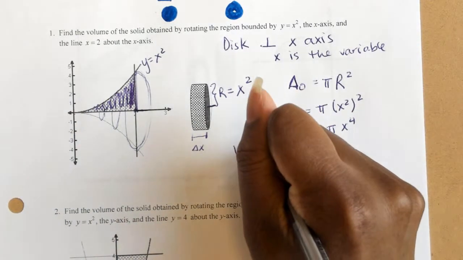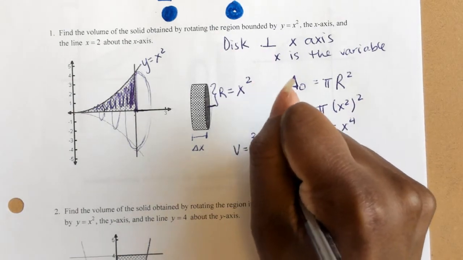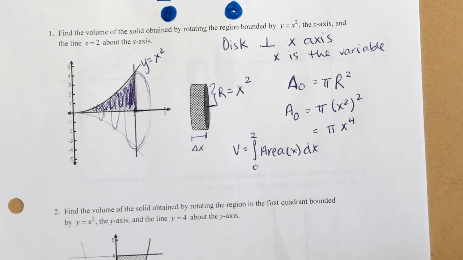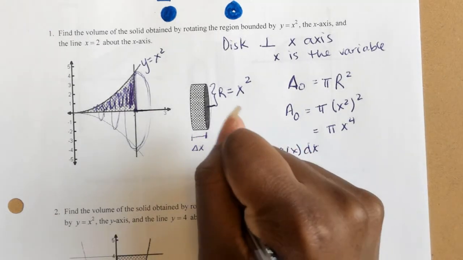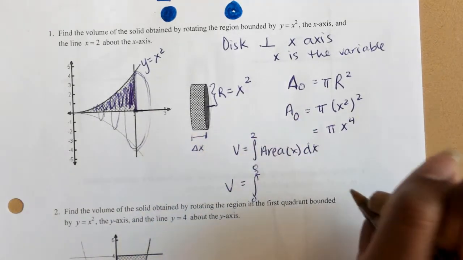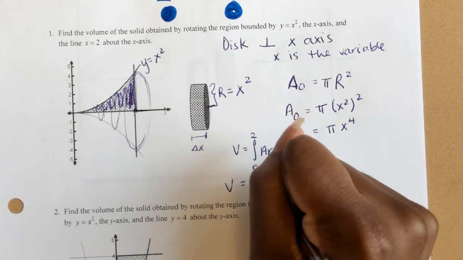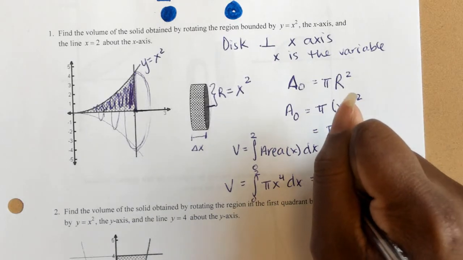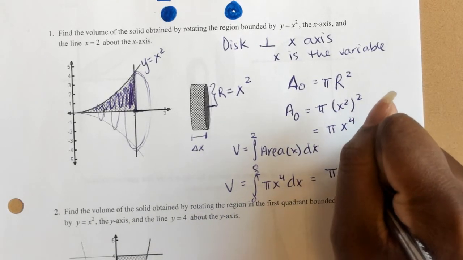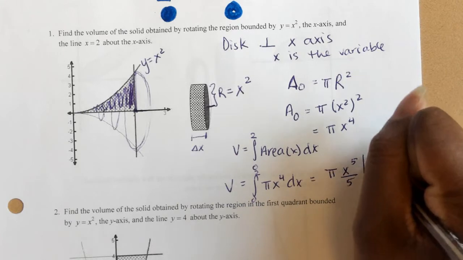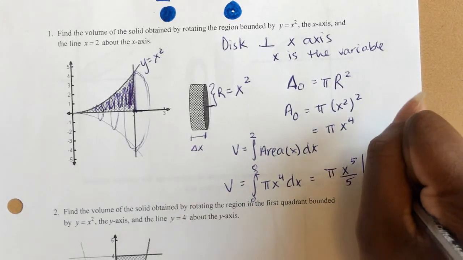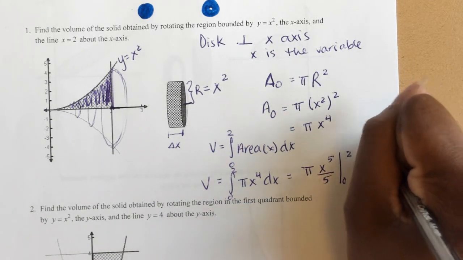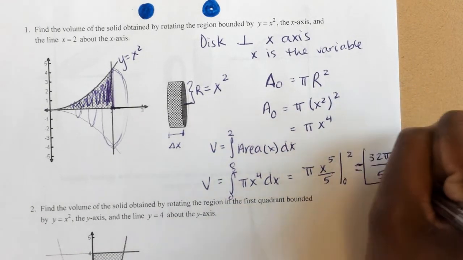So from 0 to 2 of our area of x dx. So we're going to integrate from 0 to 2 of pi x to the 4th dx, which is equal to pi x to the 5th over 5 from 0 to 2, which is equal to 32 pi over 5.